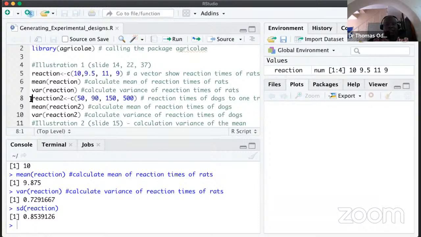So we created the first object, which we call reaction. We can create a second object, which we call reaction2. Remember, if we don't differentiate, you replace the first object. So let's create the second object, reaction2. This one has values of 50, 90, 150, and 500.